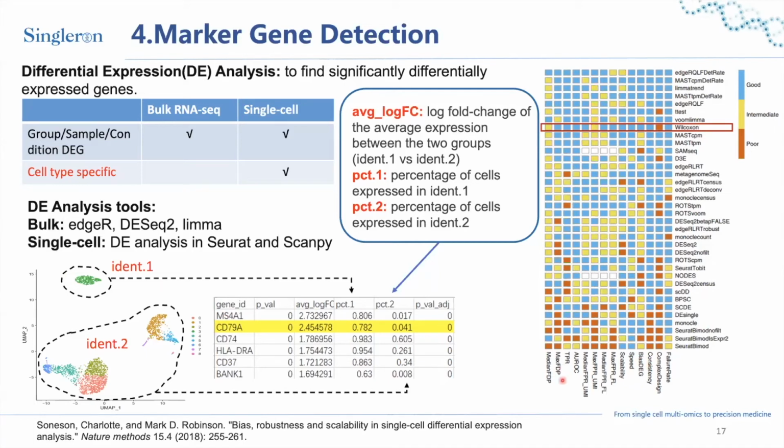From all these factors evaluated, we see that the Wilcoxon rank sum test showed overall very good performance, and we choose this one as the default DE analysis for single cell RNA-seq, because the advantage of the Wilcoxon rank sum test is that it is a non-parametric test. So no matter what the gene expression distribution is, it can be used. However, if we use a t-test, we have to be assured that the gene expression is normally distributed.